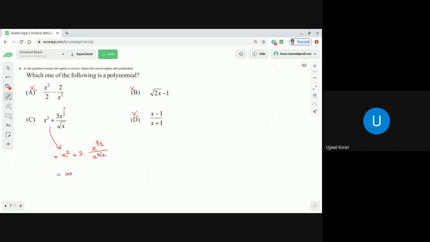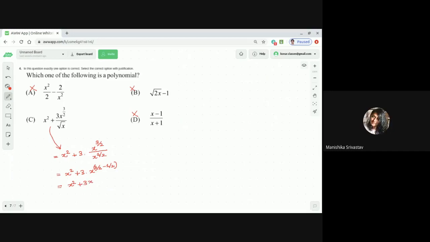So 3 into x to the power 3 by 2 minus 1 by 2. It happens. Mistakes are not always bad. Mistakes are definitely bad during an exam, but when you are learning, it is not a big deal. We are learning. So x square plus 3 into x to the power 3 by 2 minus 1 by 2 is x. That is a polynomial.